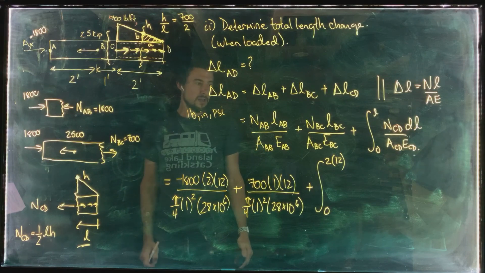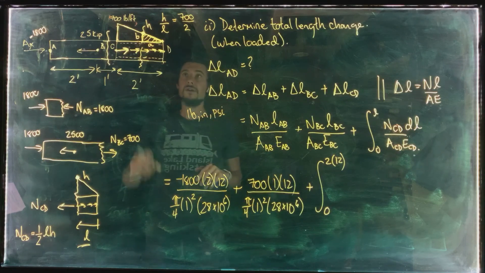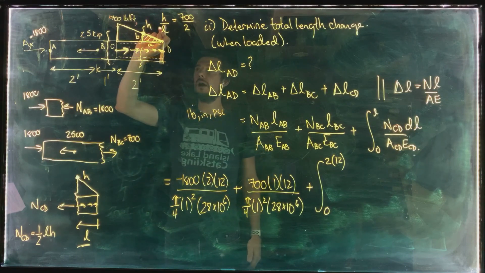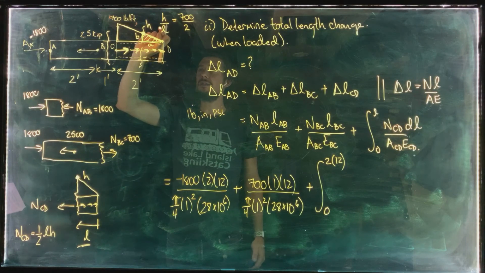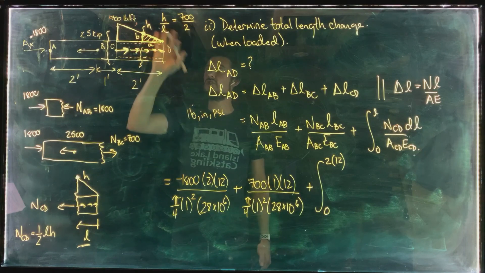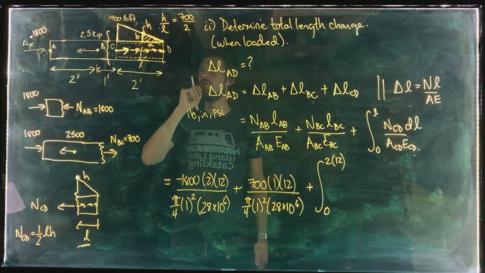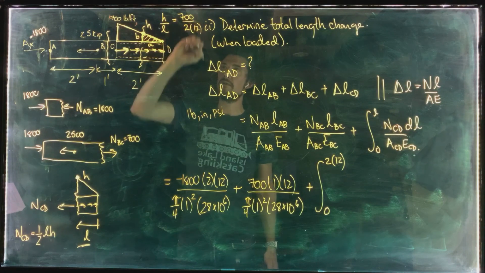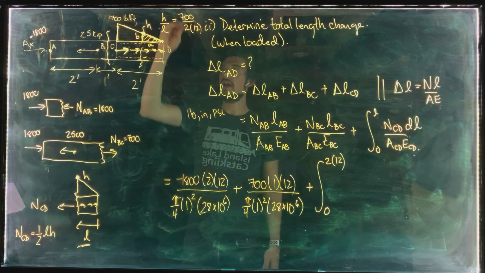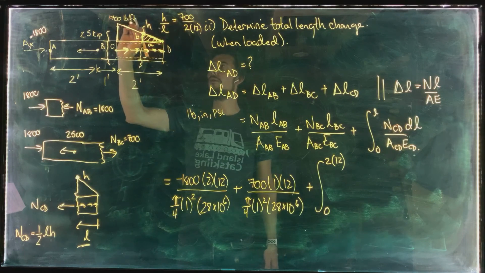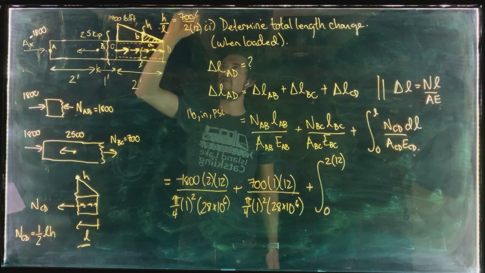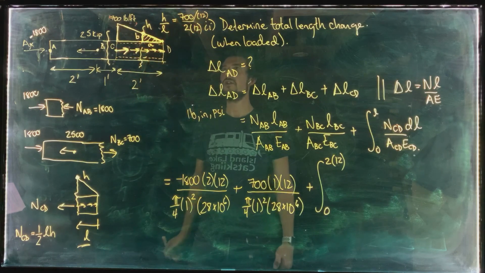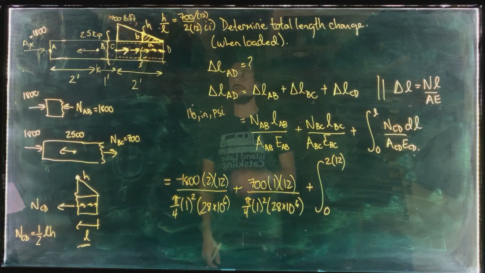Now, let's remember here that our L is in inches here. Okay. So let's change everything else to inches. So we can multiply 2 by 12 to change that to inches, and take the 1 foot that's under here, 700 pounds per foot, and change that to inches there. Okay.